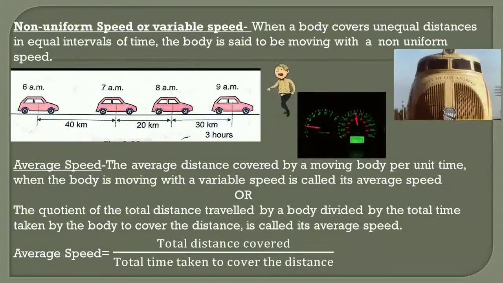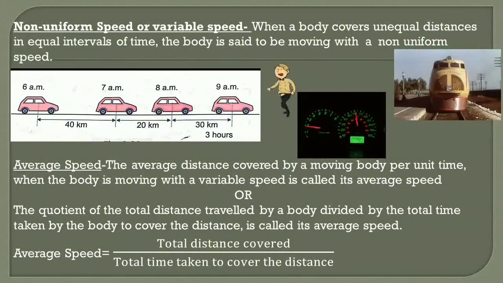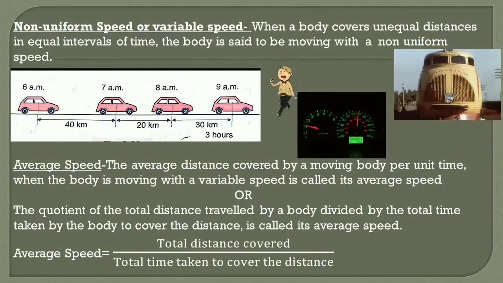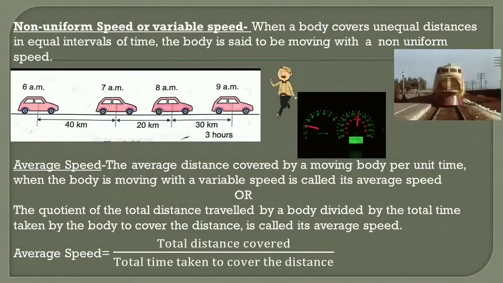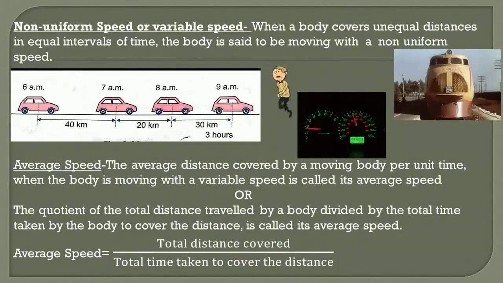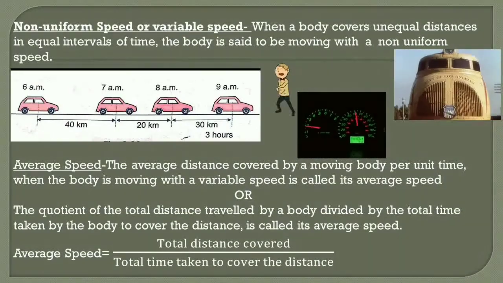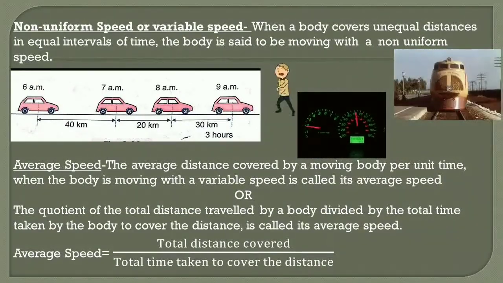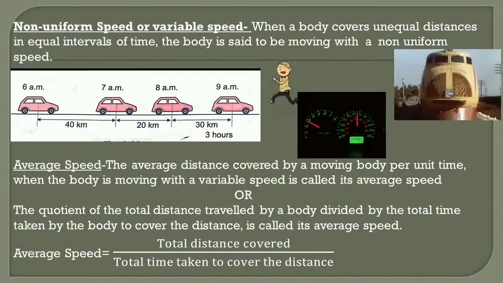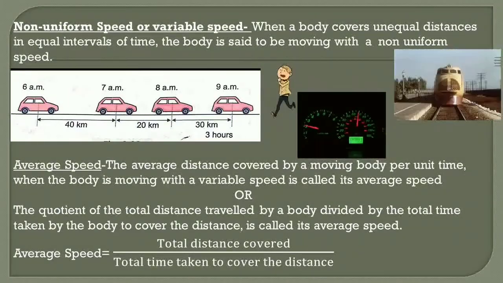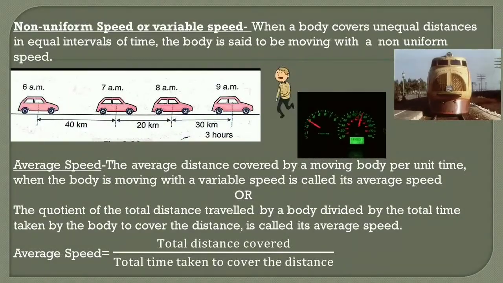In our previous example of the car moving with non-uniform speed, the distances covered were 40 kilometers, 20 kilometers and 30 kilometers between the different points.